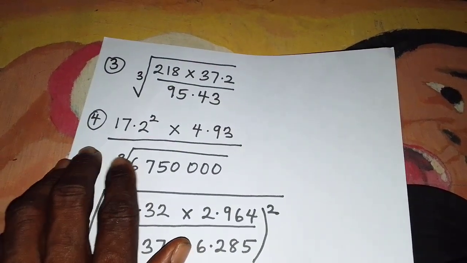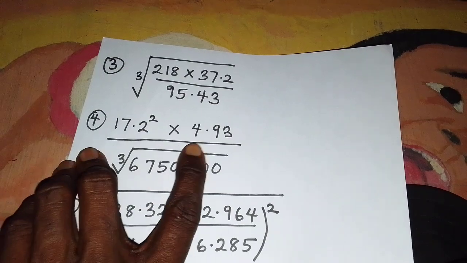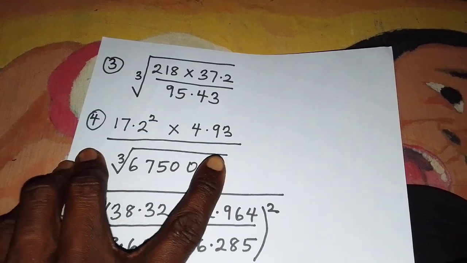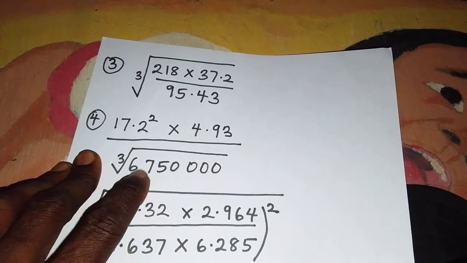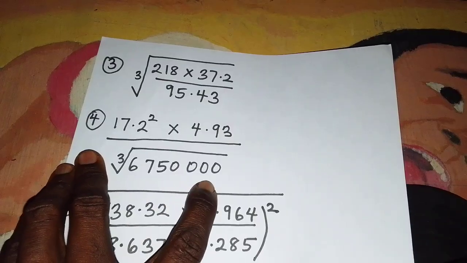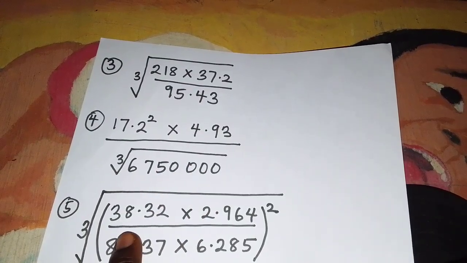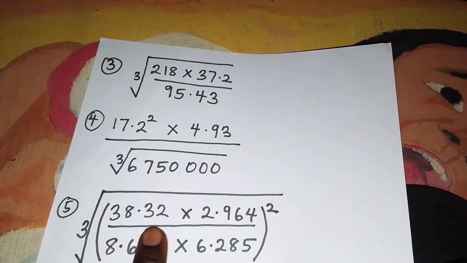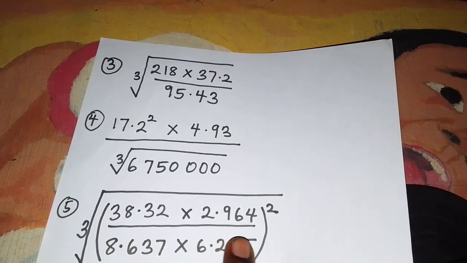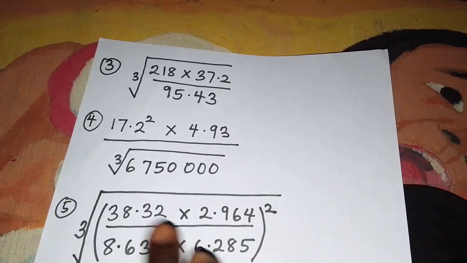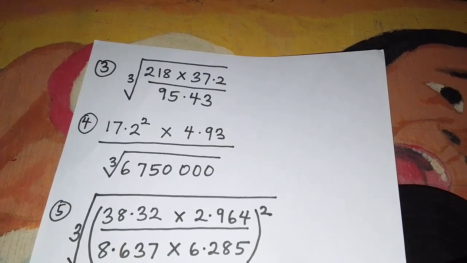Number 4, 17.2 squared times 4.93 divided by the cube root of 6,750,000. Number 5, 38.32 times 2.964, everything divided by 8.637 times 6.285, everything squared. Then you now find the cube root of all.